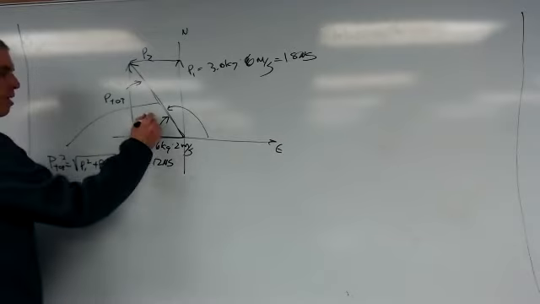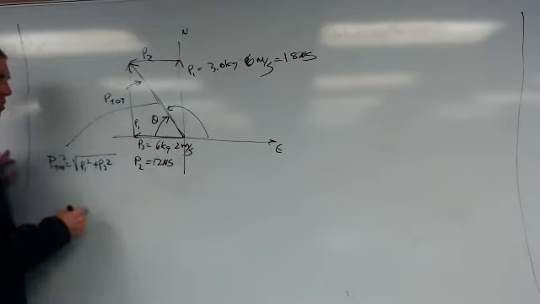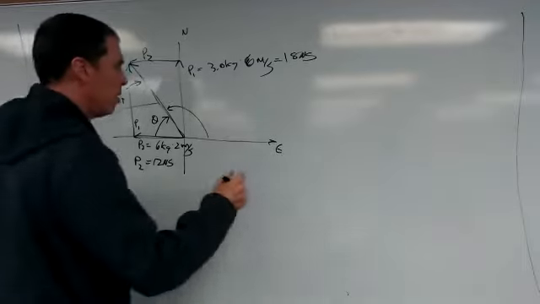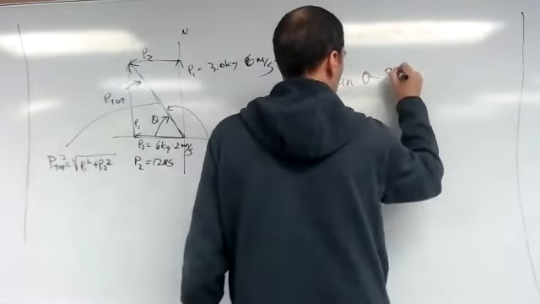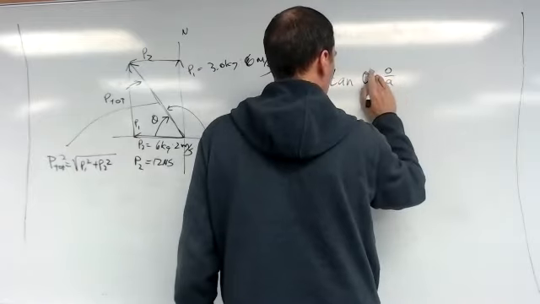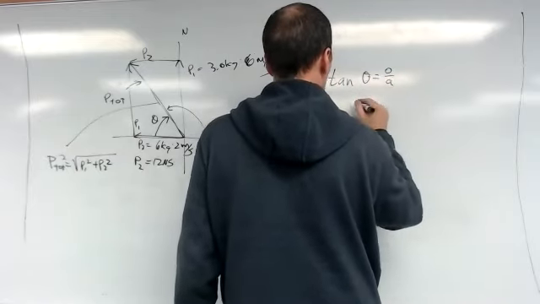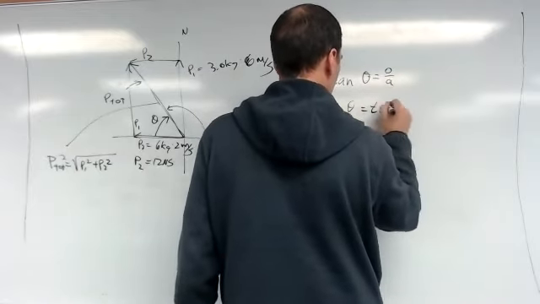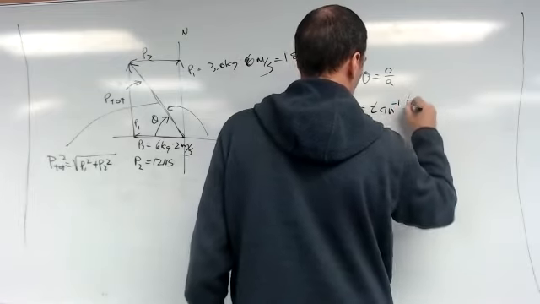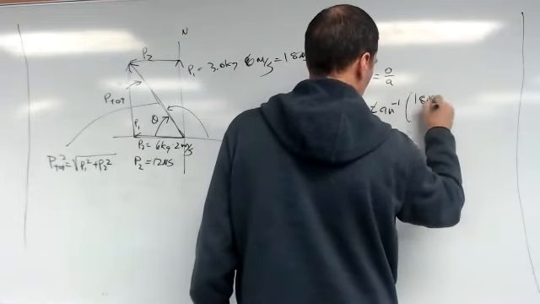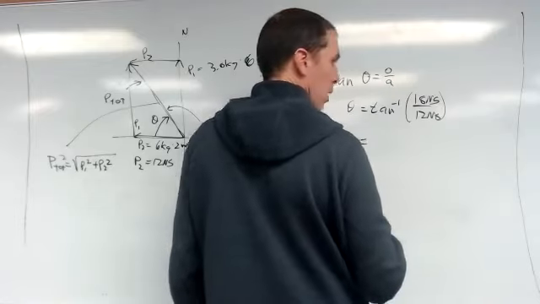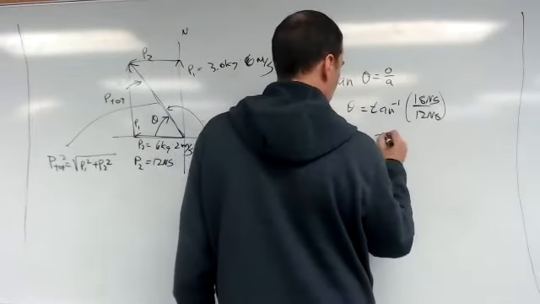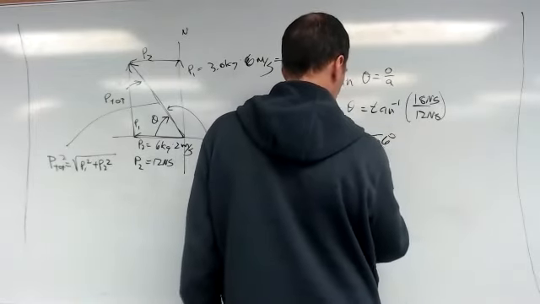So how do I calculate this angle? Tan theta is opposite over adjacent. So theta is equal to tan inverse of 18 Newton seconds over 12 Newton seconds, which is equal to what? 56 degrees.